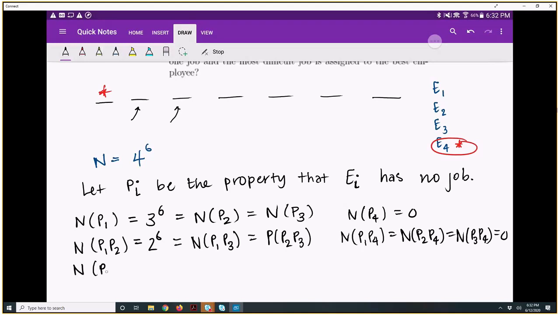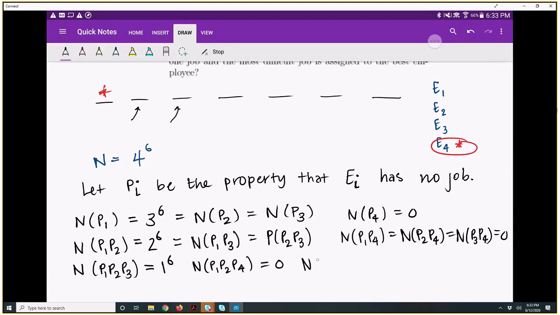I'll also think about P1, P2, and P3. How many ways could they all not be given jobs? Well, the only way that can happen is if employee 4 gets every job. So it's 1 to the power 6, which is, of course, just 1. But if we wanted to look at P1, P2, and P4, that can't happen, again, because employee 4 already has a job.